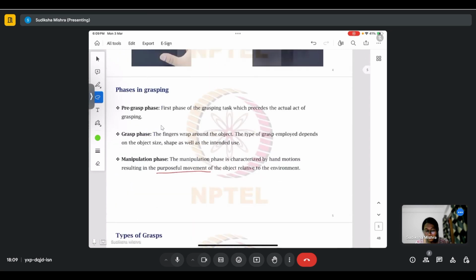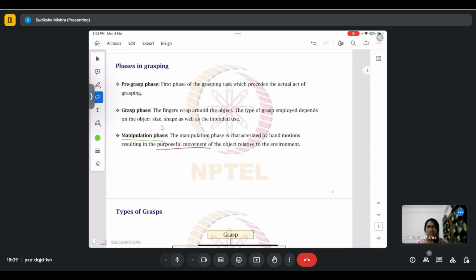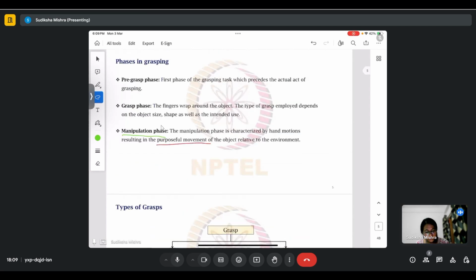Then there is the grasp phase when your fingers actually wrap around the object, and depending upon what you intend to do with the object, or what the object shape or size is, the grasp type changes. Then the final one is the manipulation phase, which constitutes the hand motions that result in the movement of the object. So these are the three phases that finally result in grasping.